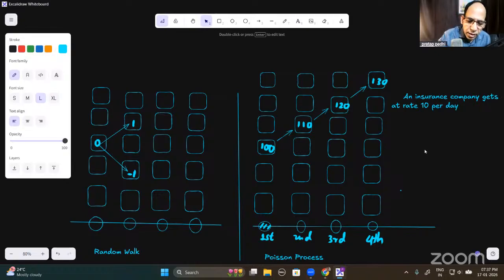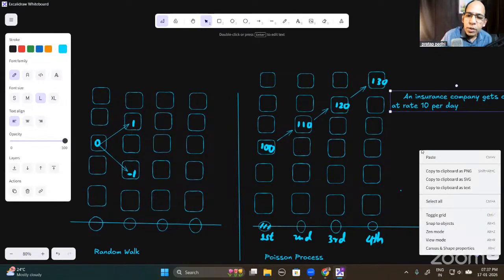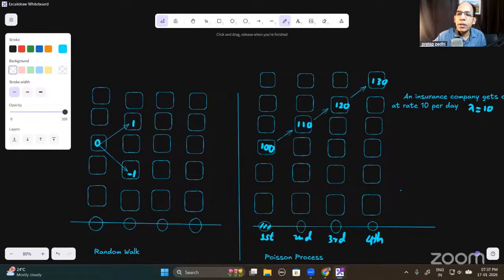So let me write lambda. Here I can write this way. That means lambda is equal to 10. But what is the definition of a Poisson process? We solve this problem. That's not a problem. So you can write X, but again, let me introduce X we use. And in Poisson process, normally we use N, but N is also a stochastic process.